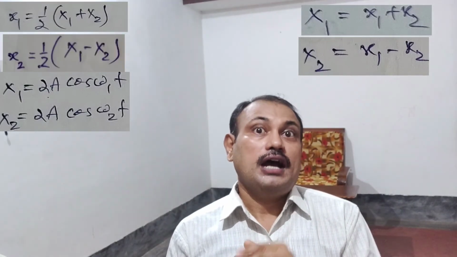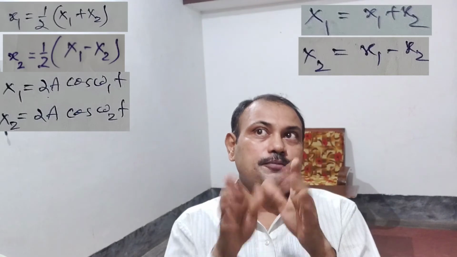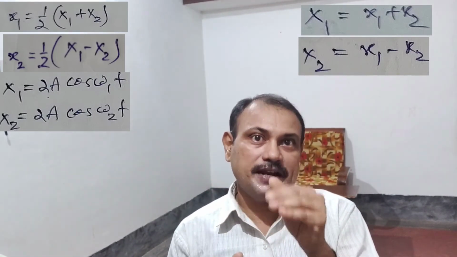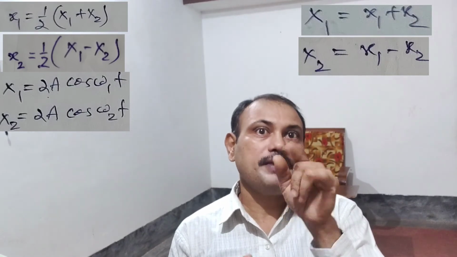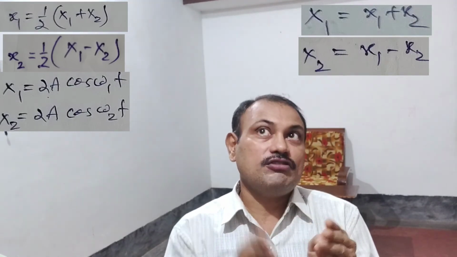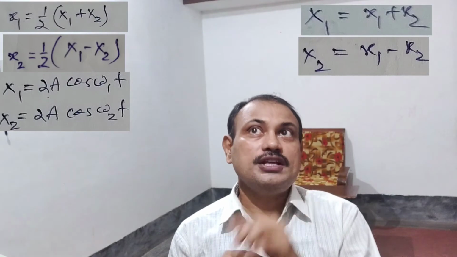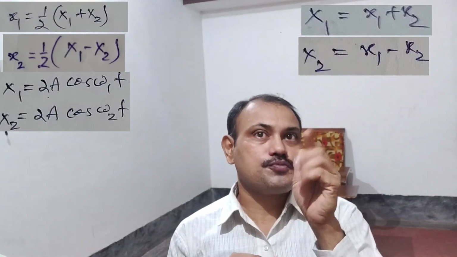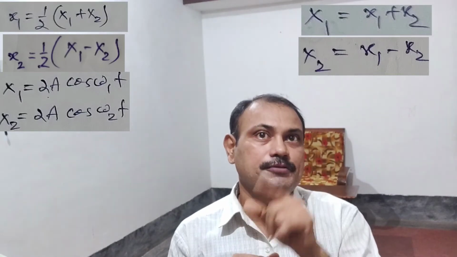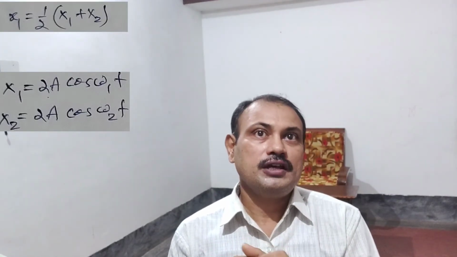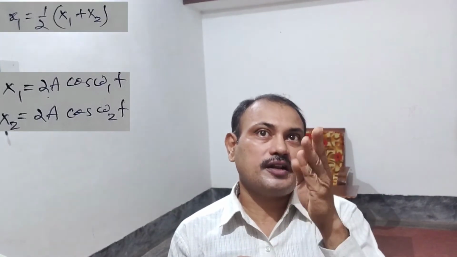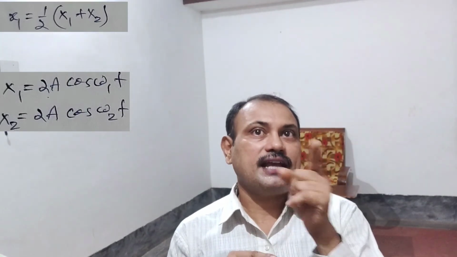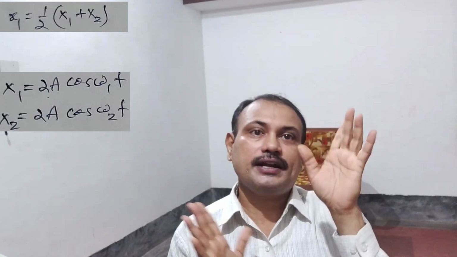Similarly, if you take the difference of the normal coordinates by 2, that is capital X1 minus capital X2 by 2, that will give you the displacement of the second pendulum, that is small x2. So now your small x1 can be written as half of capital X1 plus capital X2. Already we have the expression for capital X1 as 2a cos omega 1t and capital X2 as 2a cos omega 2t.